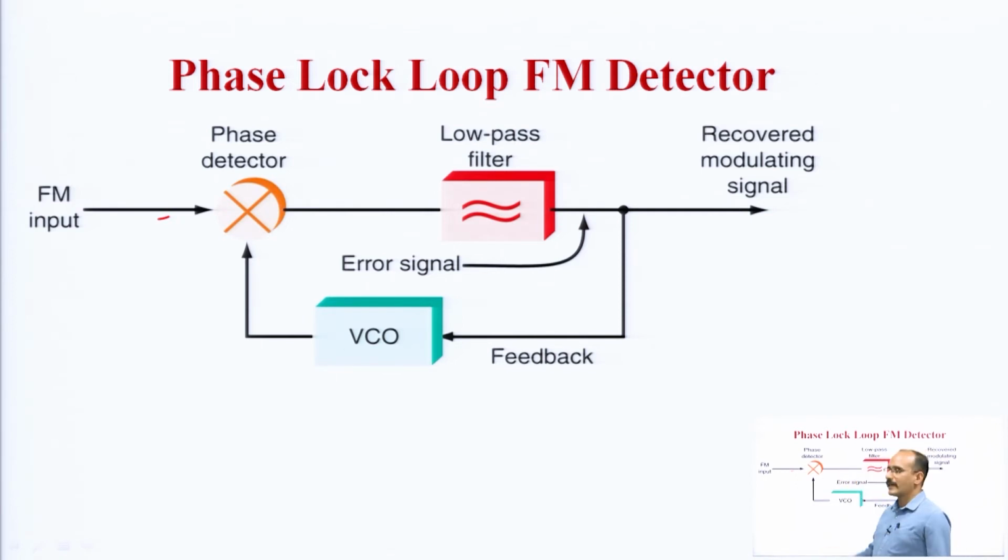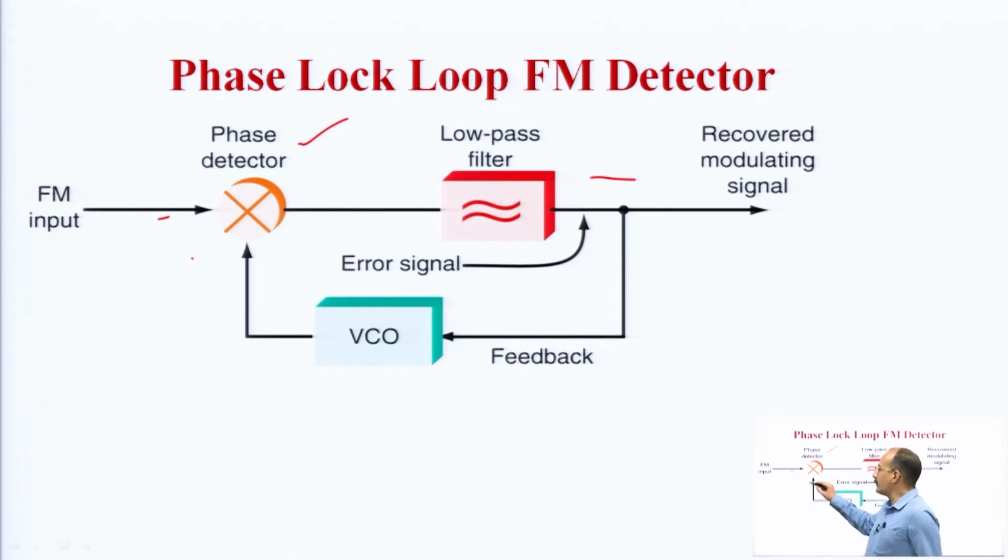Initially, that phase detector circuit has no feedback, that is why the direct FM input signal is applied to the low pass filter. That low pass filter passes the voltage part, and that voltage is applied to the feedback circuit, where a voltage controlled oscillator generates the signal again as per that voltage, and we are gaining the phase information, meaning getting the phase detection.